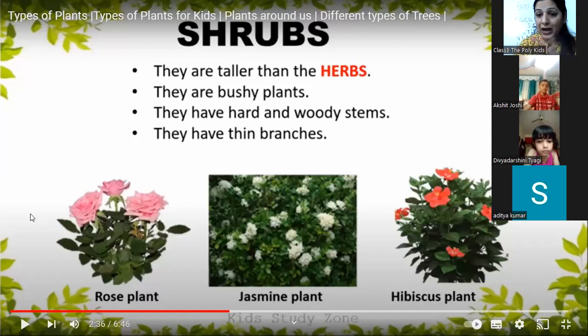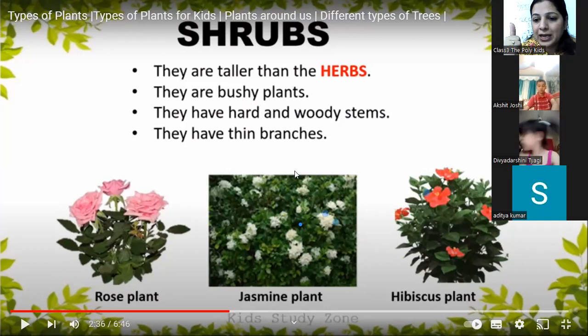They are bushy plants and their stem is hard and woody. So this is the difference between herbs and shrubs. Majorly we get confused between these two. Herbs are coriander, mint. But shrubs are rose plant, jasmine plant, hibiscus plant. So they are called shrubs.